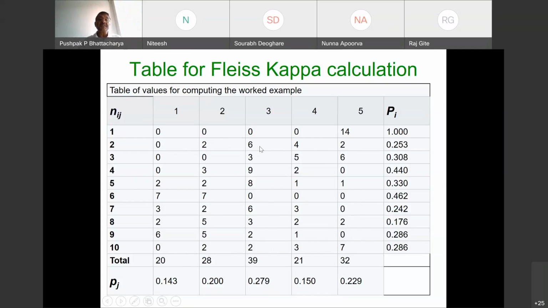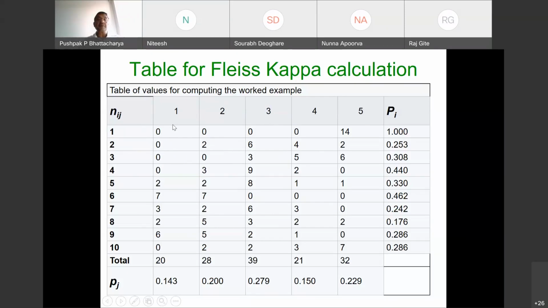So each cell tells me for that particular data point how many raters have placed the data point in the corresponding category. This is the meaning of the table for Fleiss Kappa computation. Now, if you compare this with Cohen Kappa, then Cohen will have only 2 raters, and we do not have a table which is data points versus categories.